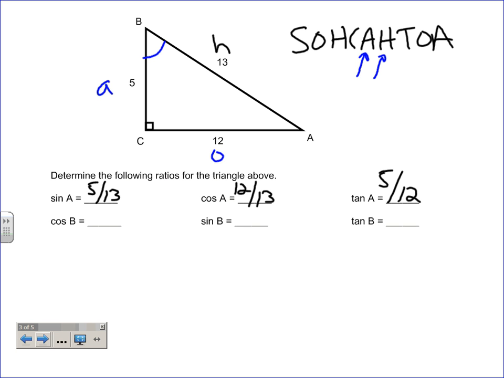So adjacent is 5 over hypotenuse of 13. Sine of B, then, is opposite over hypotenuse, which is 12/13. Tangent of B is not 5/12. It's 12/5 because you do still have to do opposite over adjacent.